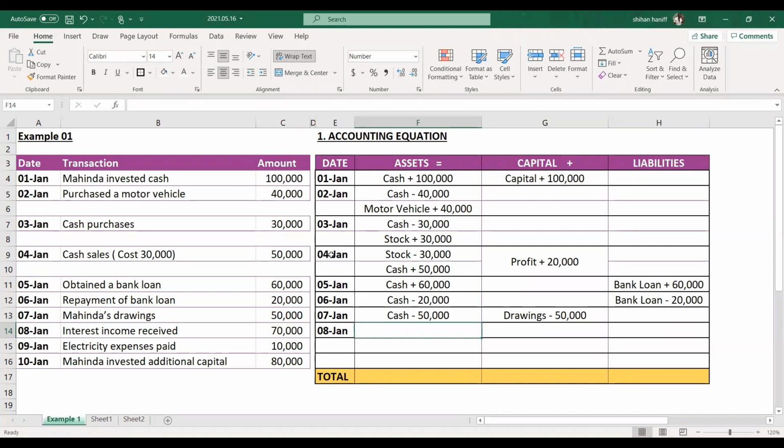Interest income will be cash 70,000. Interest income 70,000. All the income has to be capital.